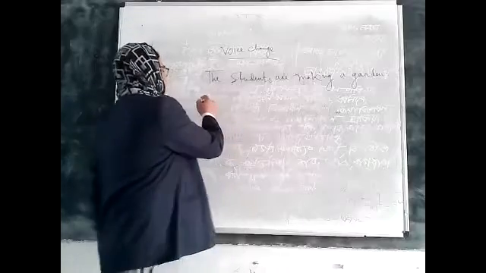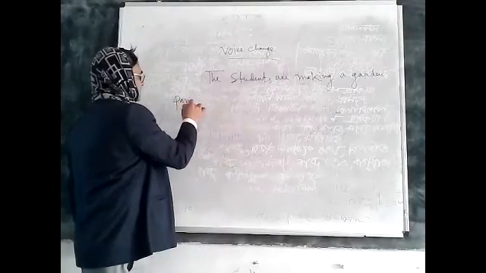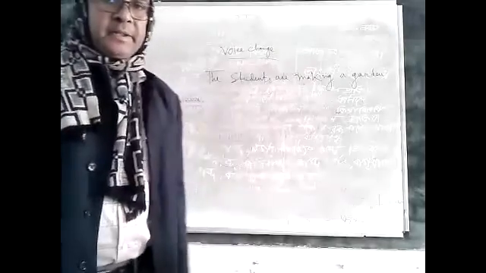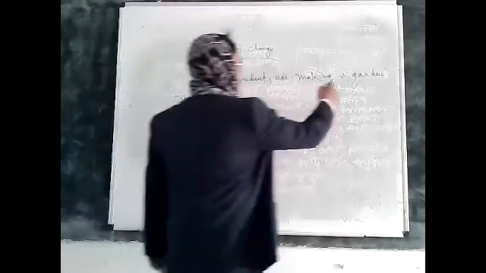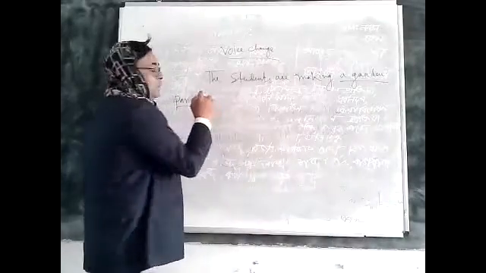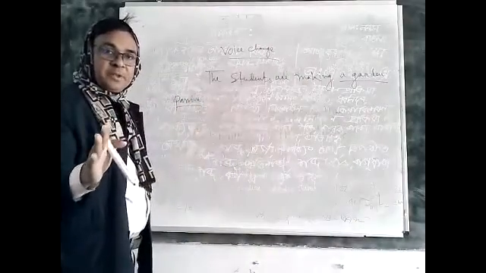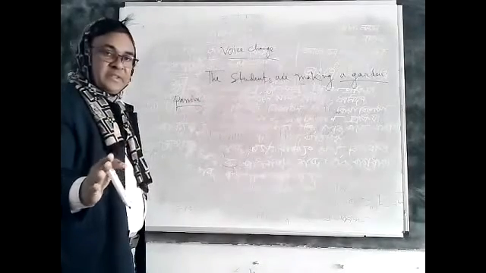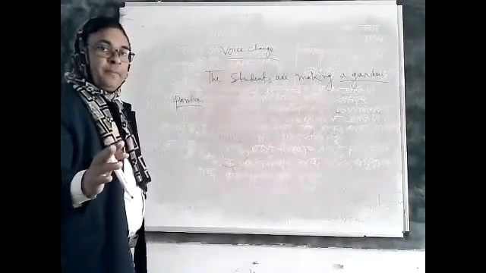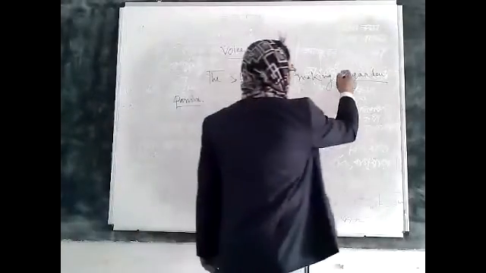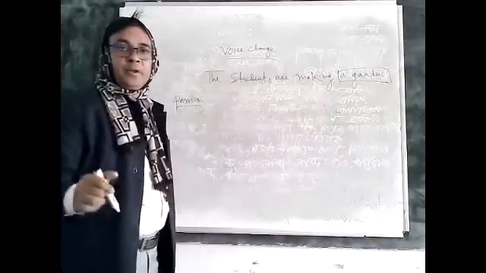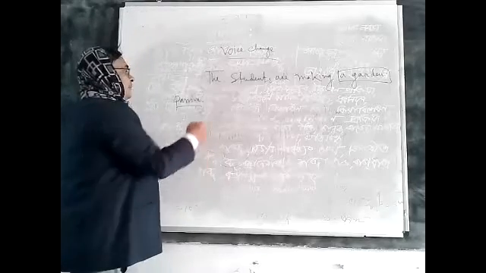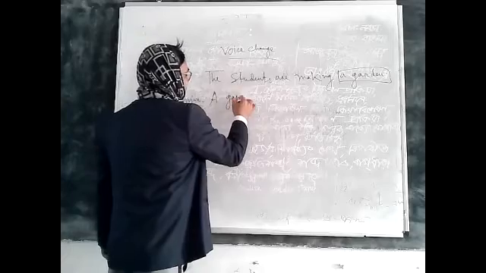Here, in passive voice, we have to write the object of the active voice. The object of the active voice will be the subject of the passive voice. So we can write a garden.